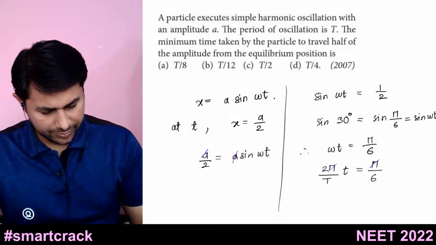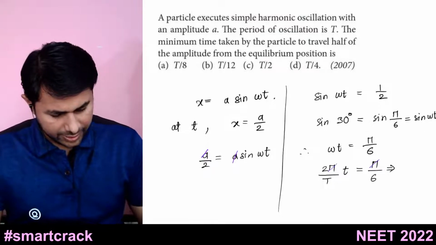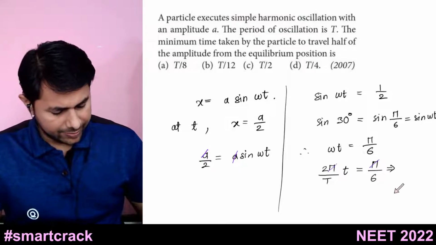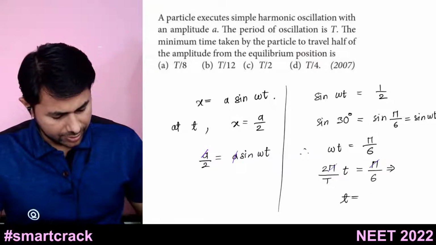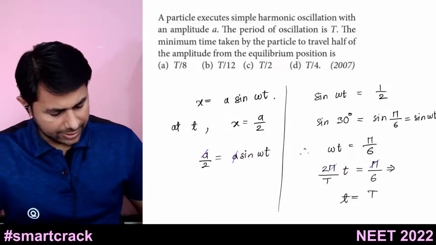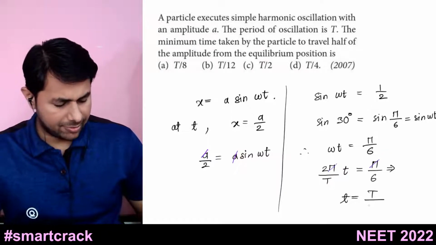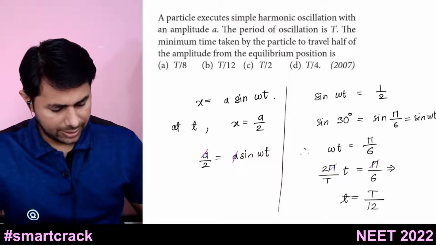So the 2 goes in the denominator, and capital T goes in the numerator: t equals capital T divided by 6 times 2, that is 12. So this is the answer.